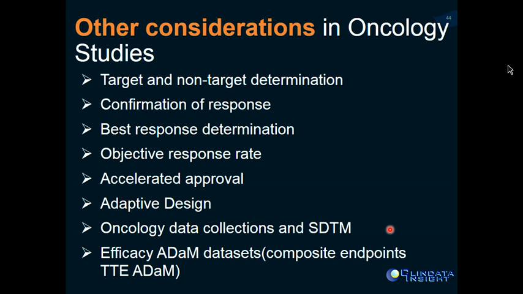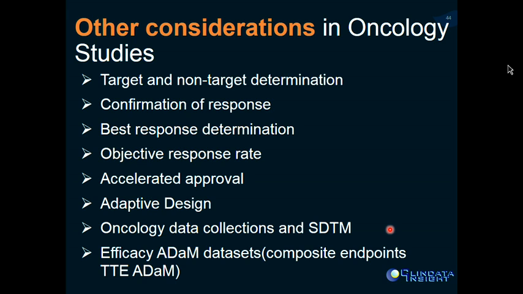We only talked about tumor and response data collections and also SDTM preparations. But there are a lot of other data collections, such as immunotherapy, bone marrow infiltrate, blood counts, and enlarged liver and kidneys.